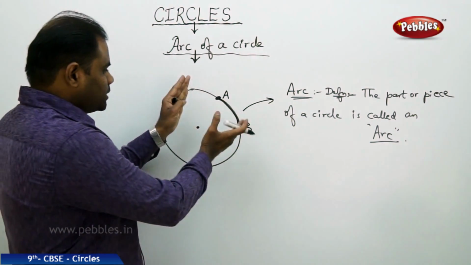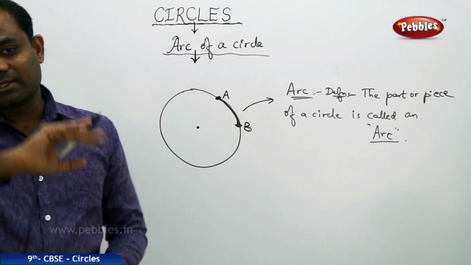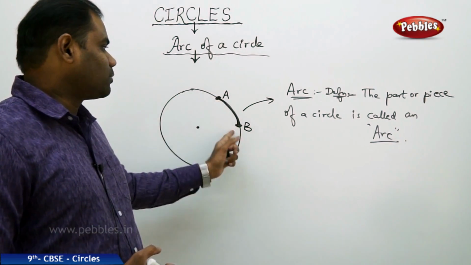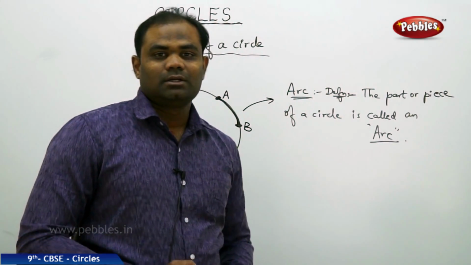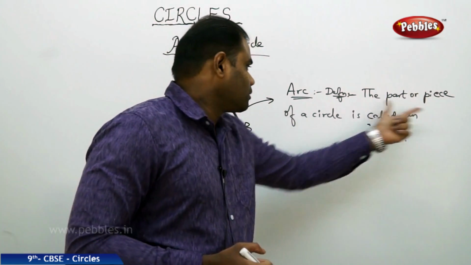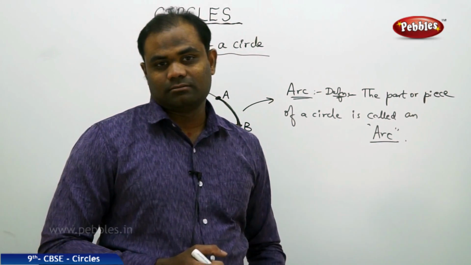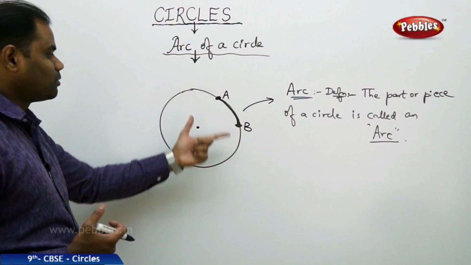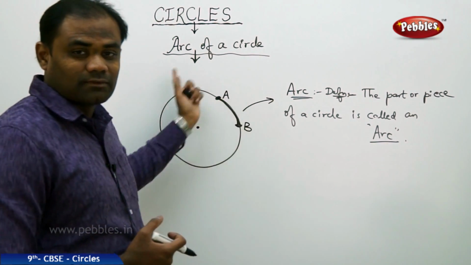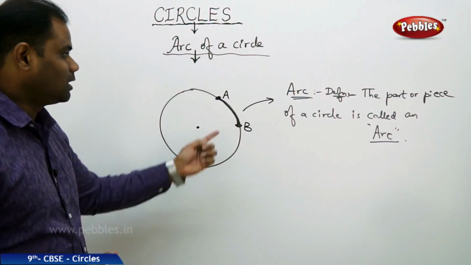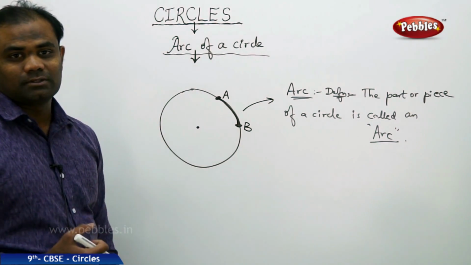So if I take any 2 points on the circle, then that curved part of the circle between the endpoints is called an arc. Mathematically, an arc is defined to be the part or piece of a circle. There can be any 2 points taken on the circumference of the circle and we get any number of arcs. So that is the arc connected with the circle.